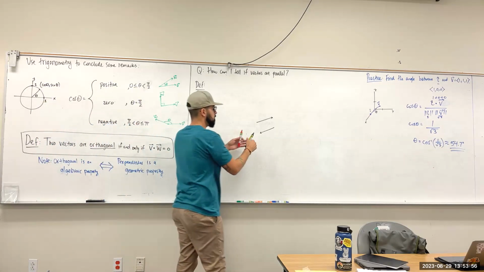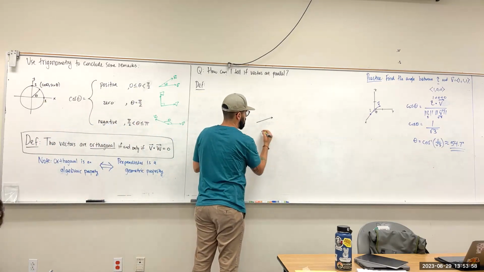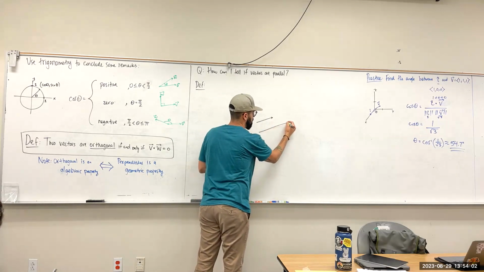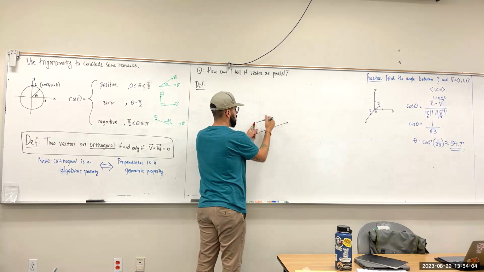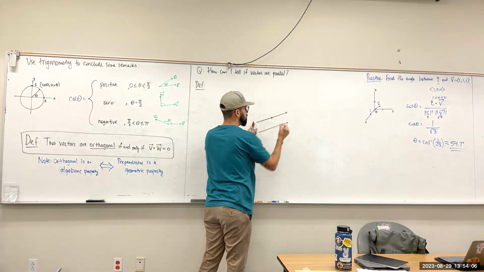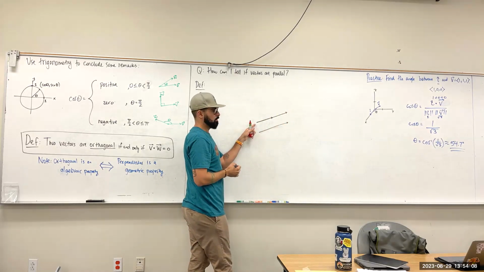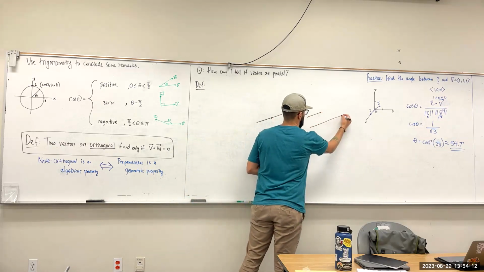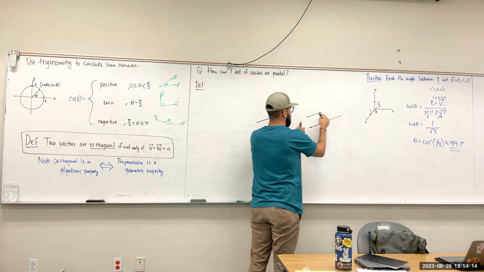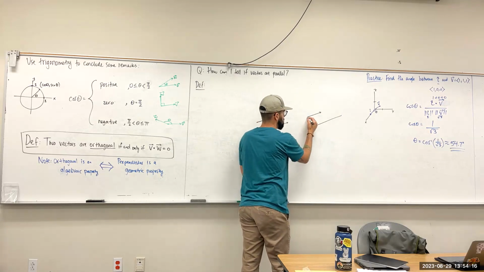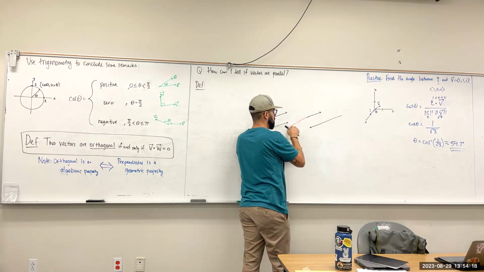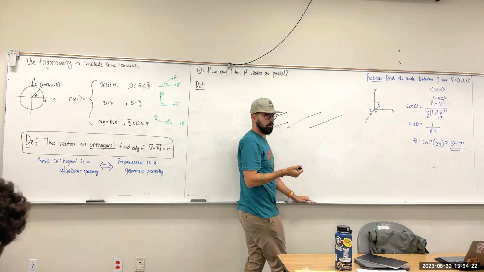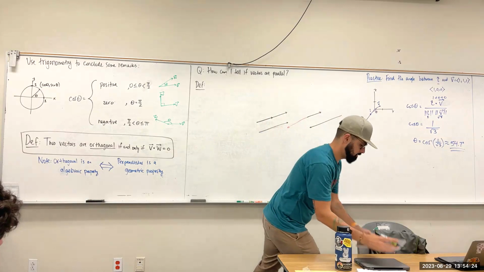Okay. When they were both pointing in the same direction, and I put them on top of each other, let me make this one a little longer, what is the angle between them? 0. But if I go like this, and I combine their initial points, now what's the angle between them? 180. And so that's how we're going to define parallel vectors, with angles.